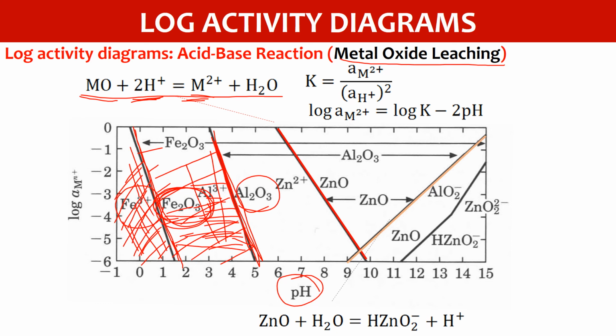Okay, then again, if you increase your pH, you can see that here above this line, your zinc is stable as ZnO, as an oxide. So before here, all these conditions can be able to leach out your zinc.